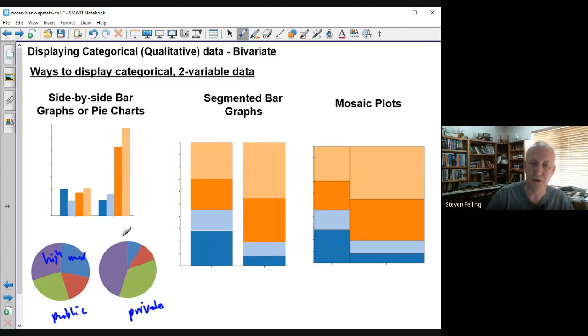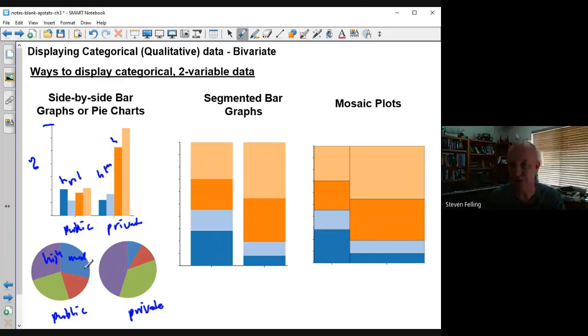Or you could do it this way: public, private, and maybe do this as a percentage. And then these categories would be labeled in some way. Like this would be high, medium, and low. High, medium, and low. Of course, we have more categories here, but you get the idea. You could turn these into percentages, right, using pie charts or bar graphs.